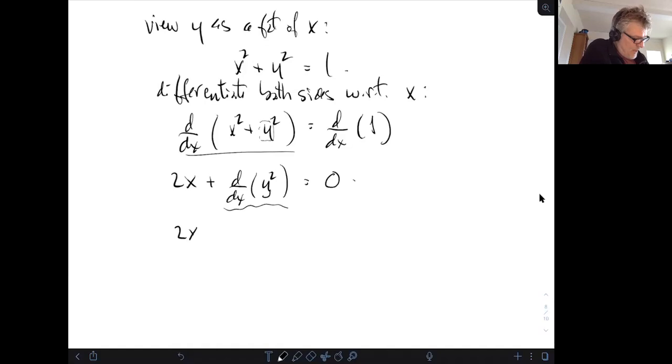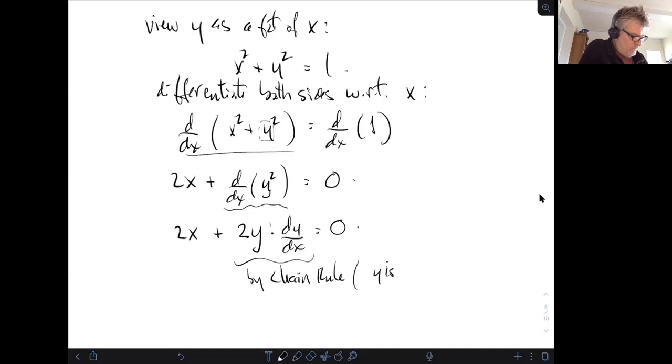So this is 2x plus 2 times y times the derivative of the inside part, which is dy/dx, by the chain rule. I need to use the chain rule. y is not x.